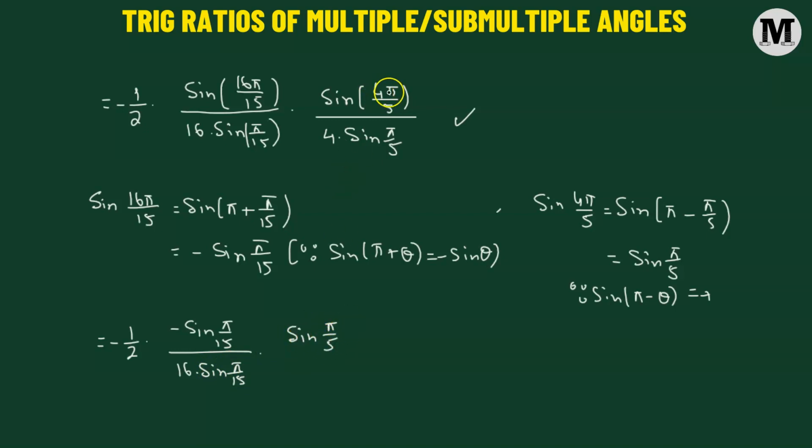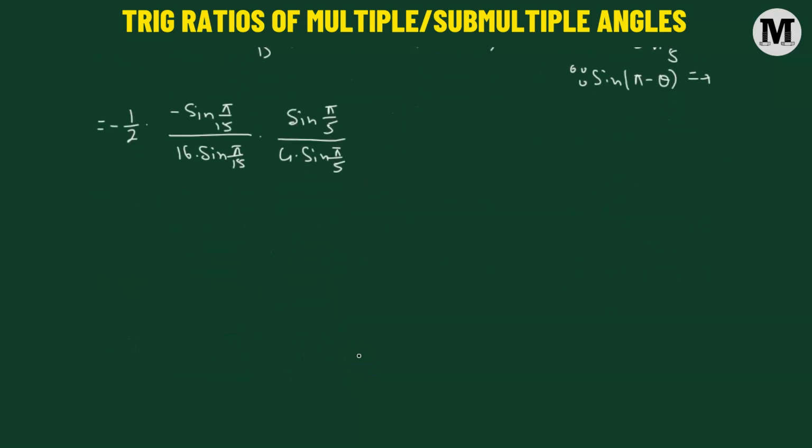So we have replaced sine 4 pi over 5 with sine pi over 5 divided by 4 times sine pi over 5. Okay, now finally we can factor out sine pi over 15, sine pi over 15, and sine pi over 5, sine pi over 5. So this negative and this negative will become positive. In the numerator, we have only 1. Now 2 times 16, that's 32. 32 times 4, that's going to be 128.